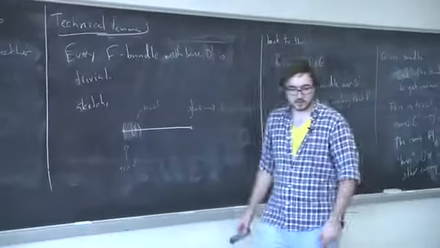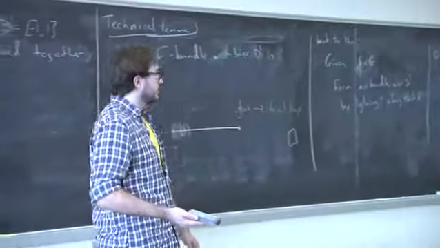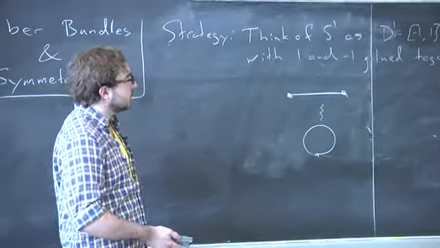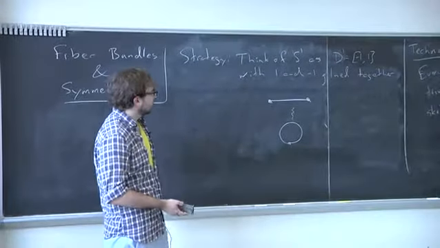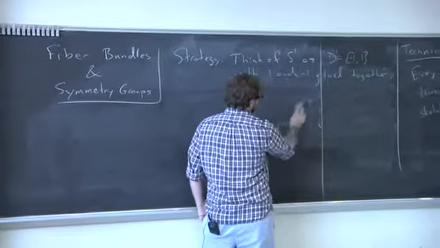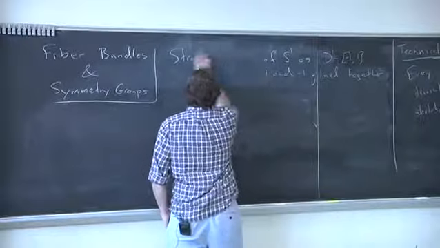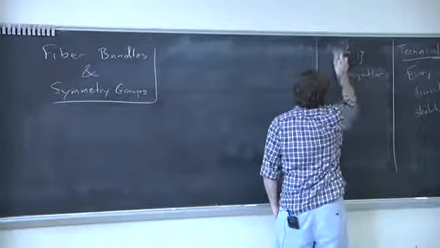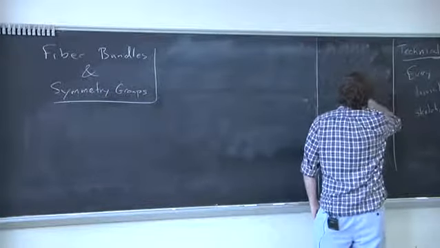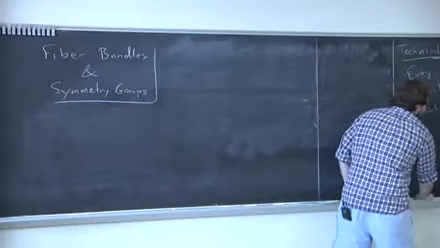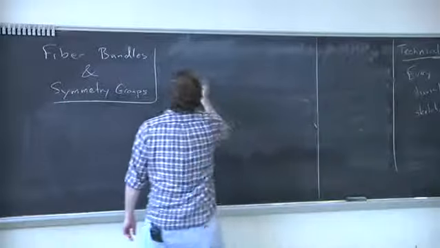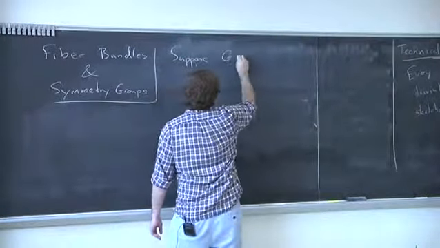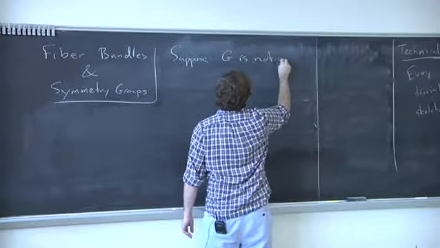First off, we've really only been talking about bundles over S1, but we can actually do this very, very generally. Let me give you a couple indications about how that happens. So actually, I guess the natural first thing to do is now suppose that G is not discrete.